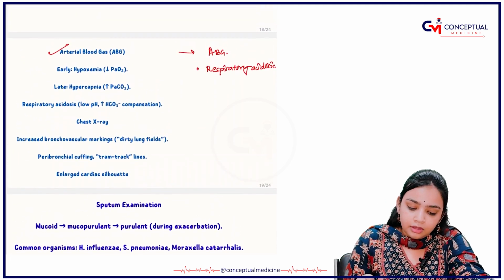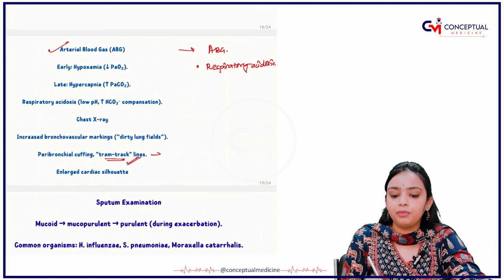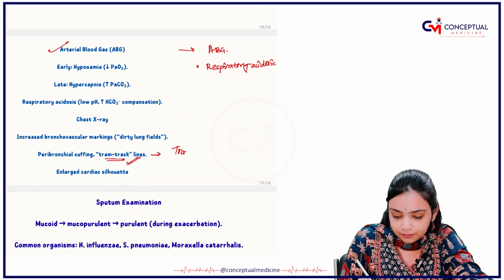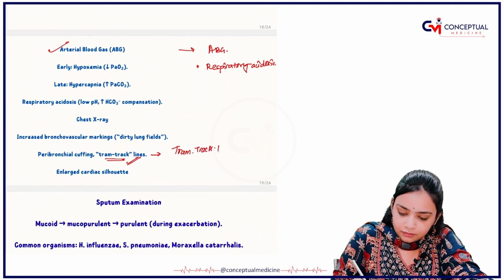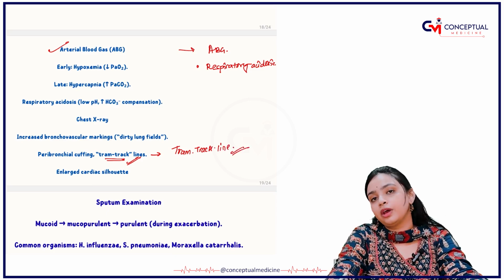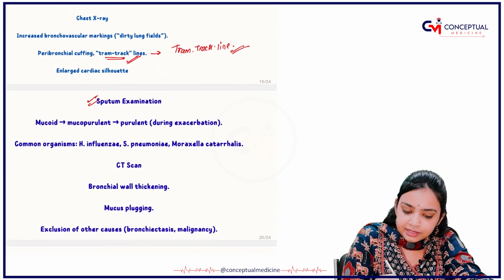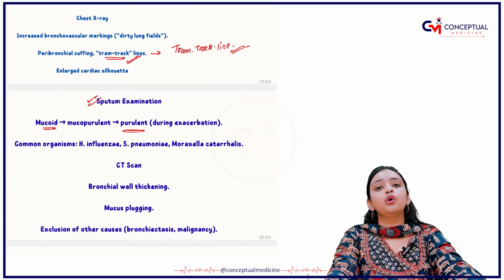Okay. Then on the chest X-ray, you will be able to appreciate a very important line called the tram track line. In the sputum examination, you will see mucoid sputum which is purulent or non-purulent.